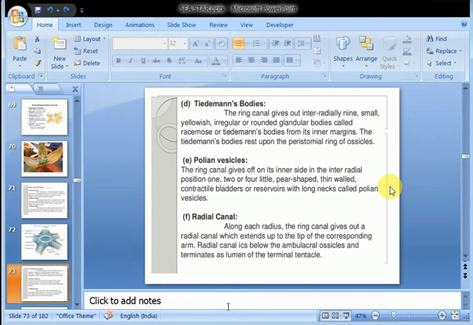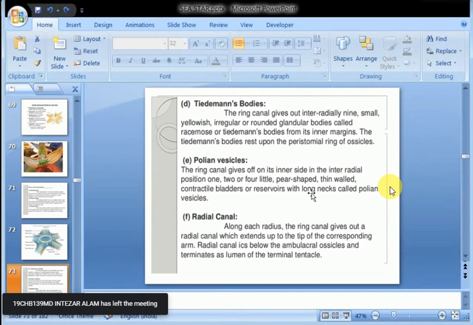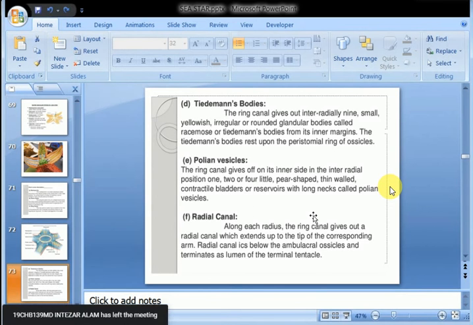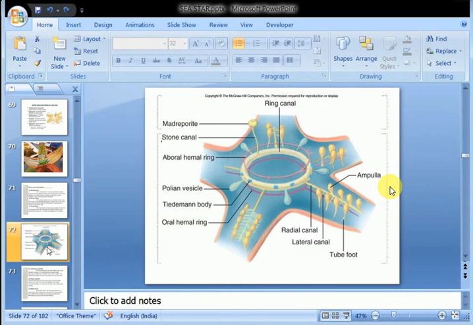Then these Polian vesicles, the ring canal gives off these Polian vesicles. Ring canal gives off on its inner side in the interradii position 1, 2, or 4 little pear-shaped, thin-walled contractile bladders or reservoirs having a long neck called Polian vesicle. Yes, here, these are the Polian vesicles.